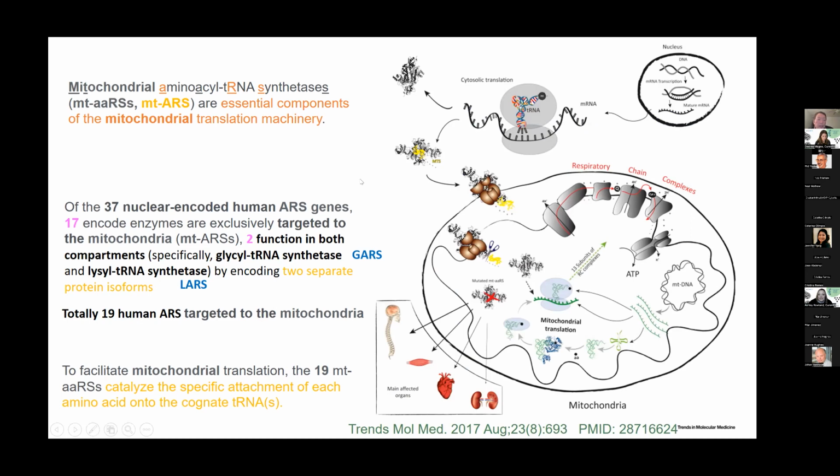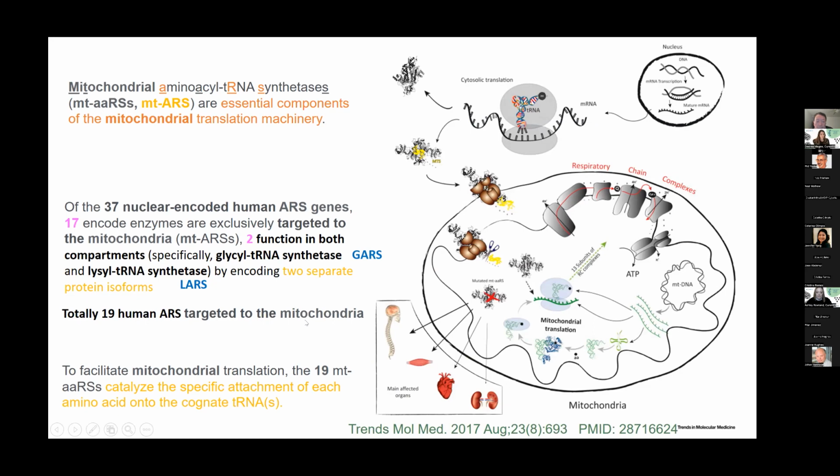Of the 37 nuclear encoded human ARS genes, 17 are exclusively targeted to mitochondria, and two others are targeted to both mitochondria and nucleus. So in total, 19 human ARS are targeted to mitochondria.